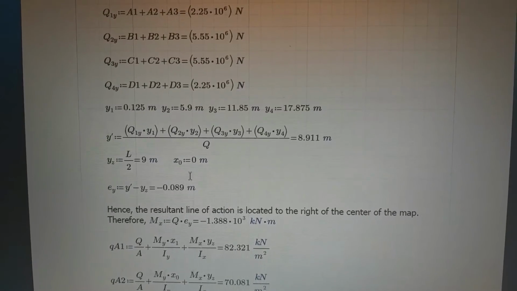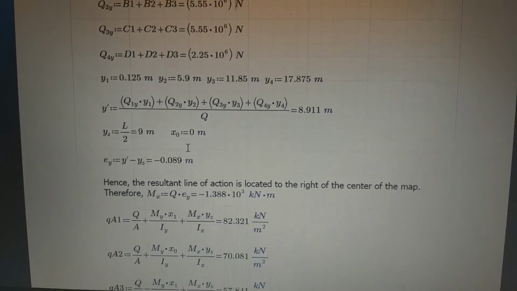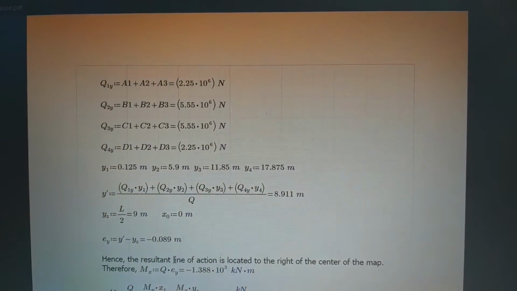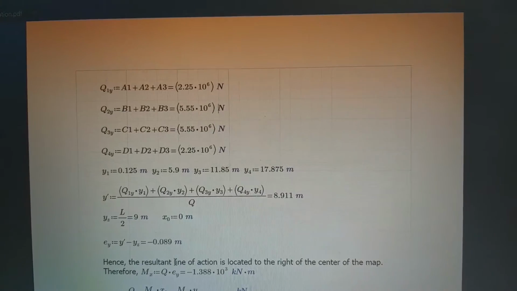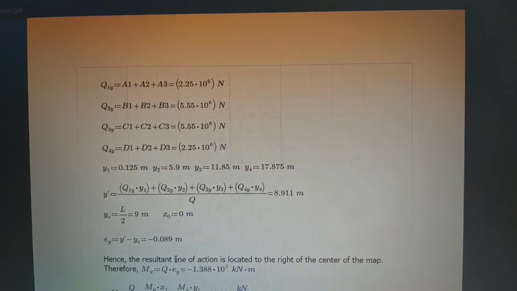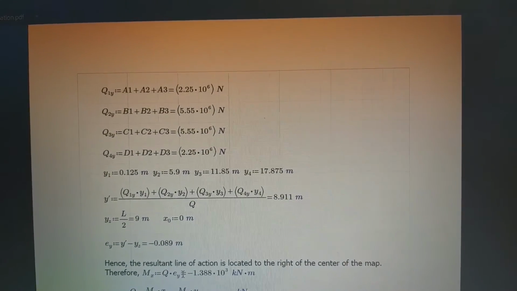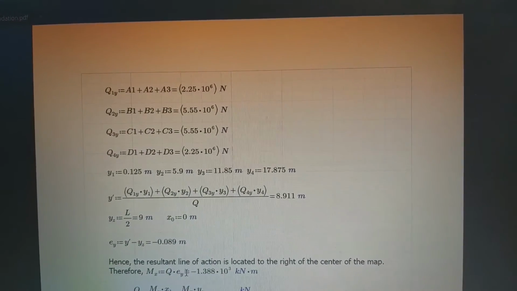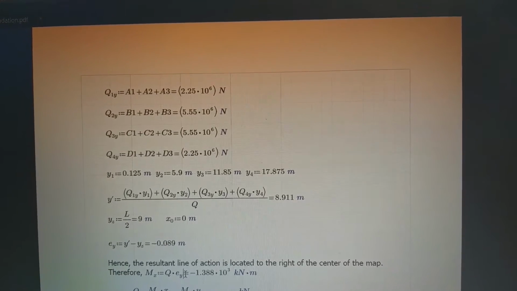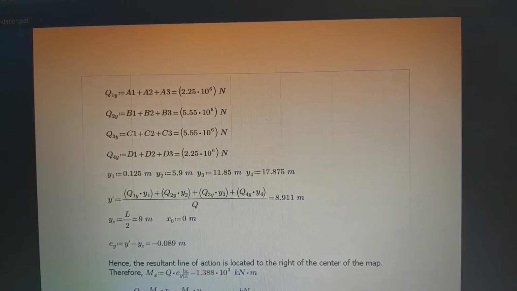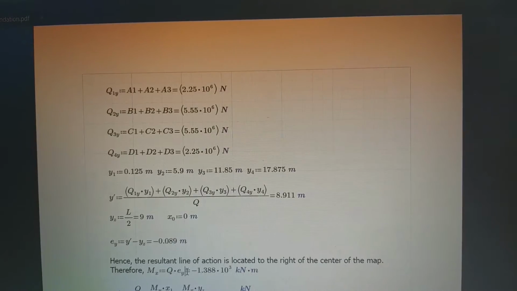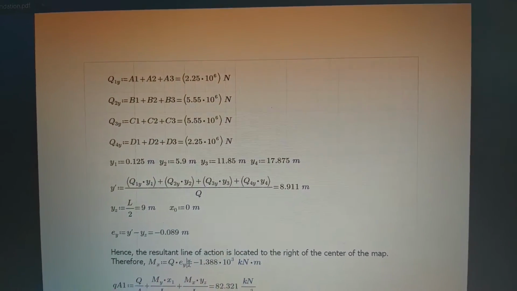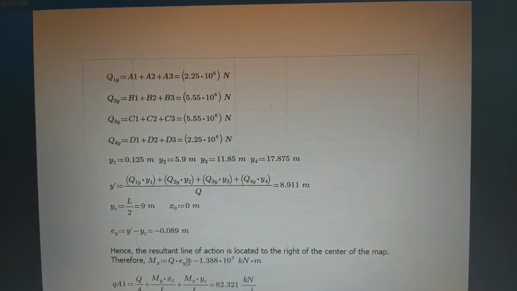Okay, so next, the procedure is the same. It just changes from column 2; Q1y is from A1 until A3 instead of A1, B1, C1. This is different, but in terms of calculation it is similar, where y bar is equivalent to L over 2, where it uses length instead of base.